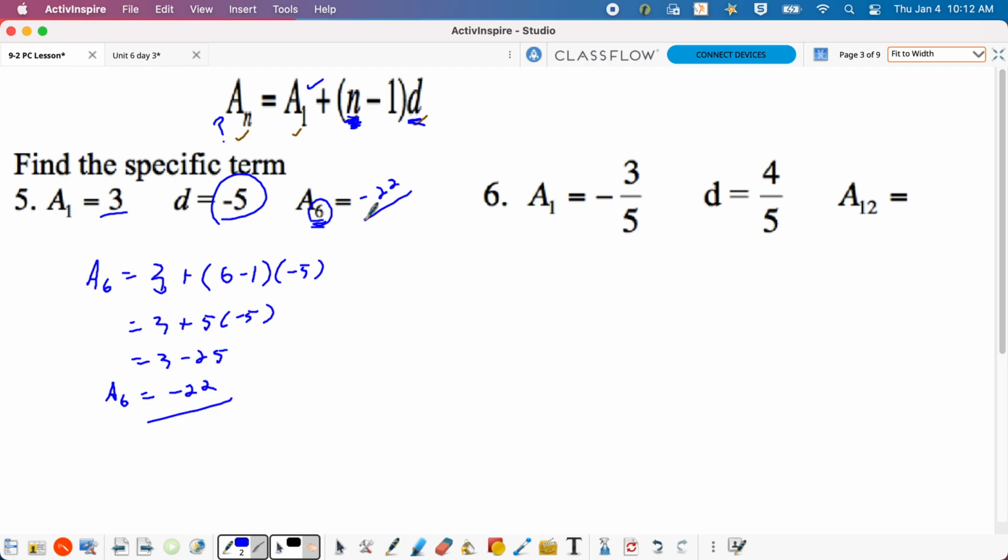All right, number 6, same situation. You have the first, the difference, and the number of terms. Plug it into the formula. So at this point, pause the video and do the math and restart it to see if you agree with what I have. I substitute what I have in.